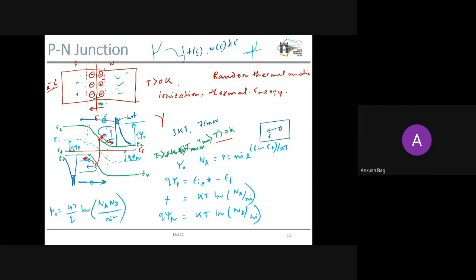So if we forward bias this p-n junction, I think we need to, okay, let me go to the next slide. Again, now we are moving to non-equilibrium condition. We are biasing our p-n junction.